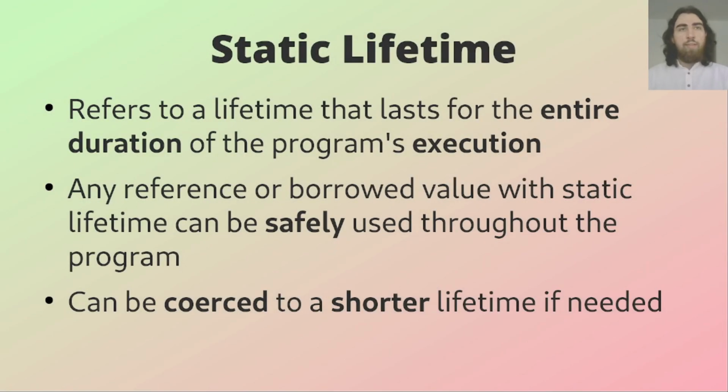Let's take a look at static lifetimes. A static lifetime refers to a lifetime that lasts for the entire duration of the program's execution. Any reference or borrowed value with a static lifetime can be safely used throughout the program. And a static lifetime can be coerced to a shorter lifetime if needed.